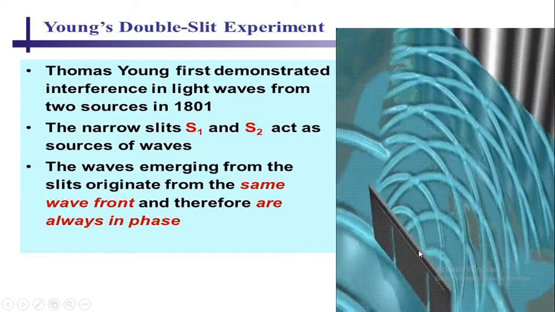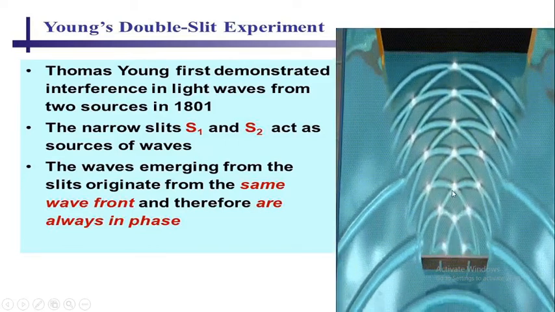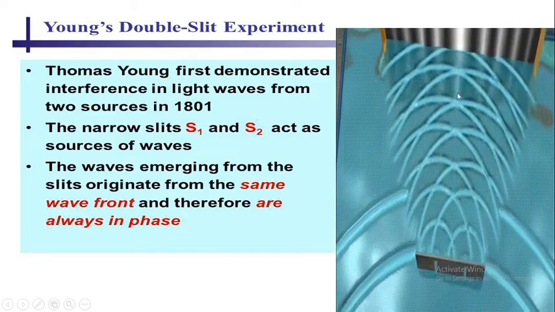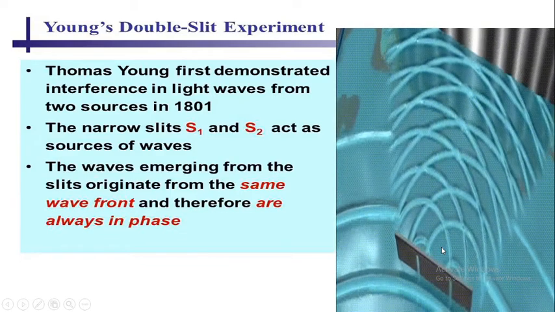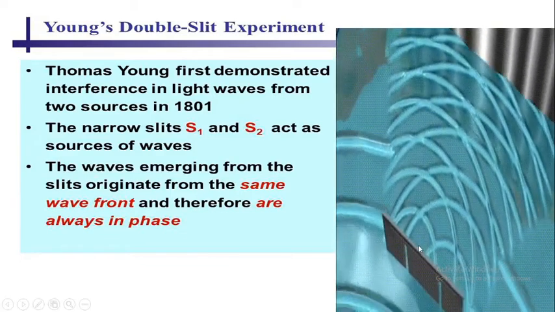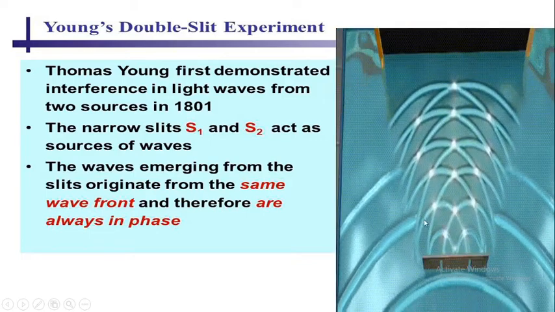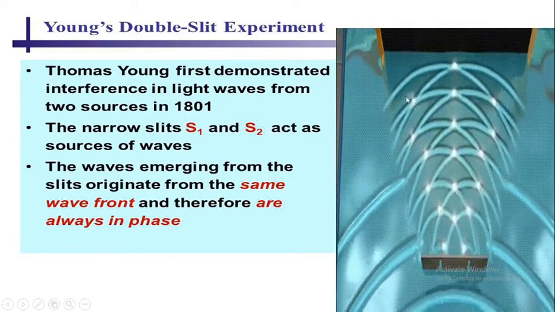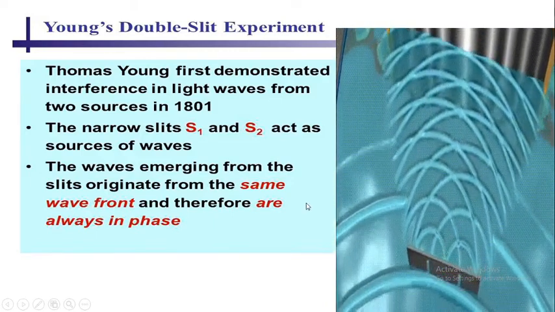You notice the combination: the bright fringes have white spots, because you have two waves that are in phase. Therefore, they create constructive interference, which creates your bright fringe. But where there is cancellation, in the parts without white spots, that creates your dark fringe.